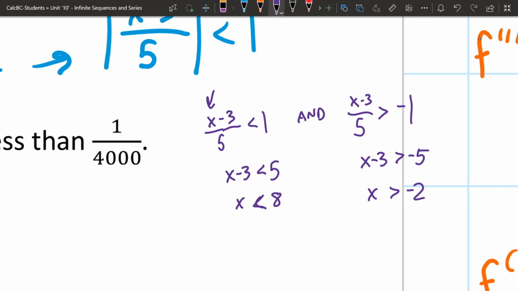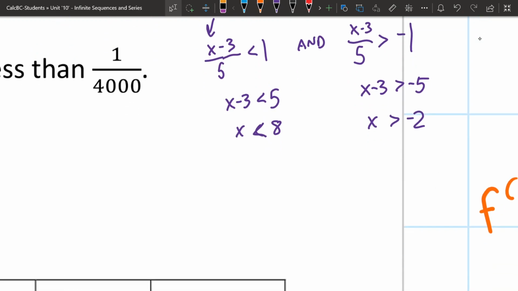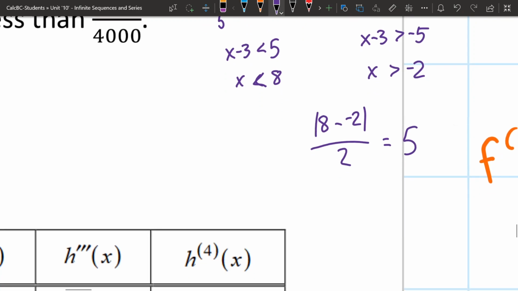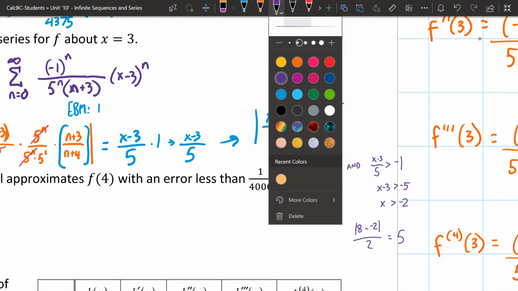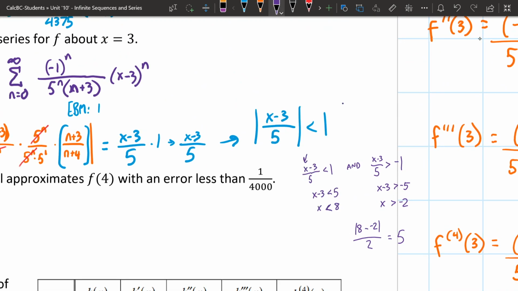So we've got our range of 8 and -2. If we want to find the radius, then we take the difference of those two and cut it in half. So that's going to be 10 over 2. That's going to be 5. So coming back up here, our radius of convergence ends up being 5.